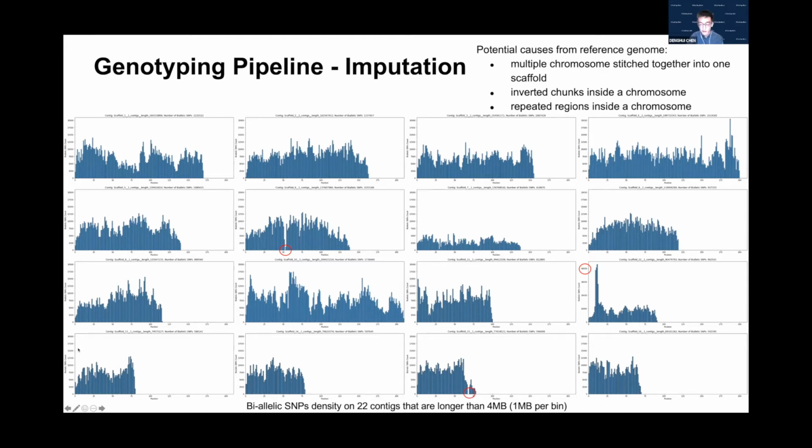There are some cases where multiple chromosomes are stitched together into one big scaffold, so that might cause the gaps here. Also there are some inverted chunks inside a contig from the new reference, and there might be some repeated regions inside the contig.